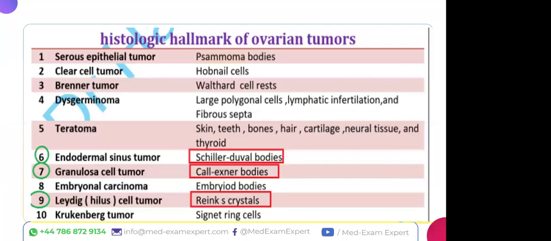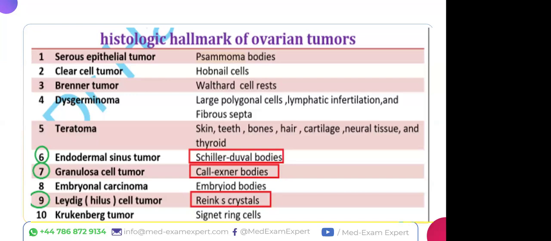These serous epithelial tumors are characterized by Psammoma bodies, clear cell tumor with hobnail cells, Brenner tumor, which is epithelial in origin but benign, Walthard cell nests, not rests, nests. Large polygonal cells. Teratoma is characterized by ecto-, meso-, and endodermal origin cells known as Rokitansky nodules.